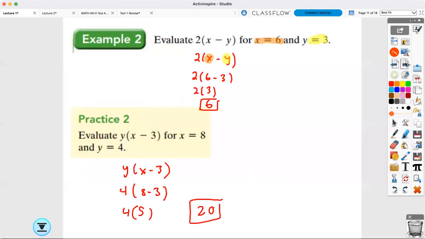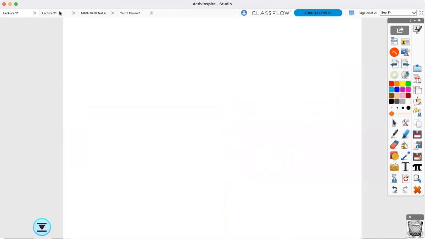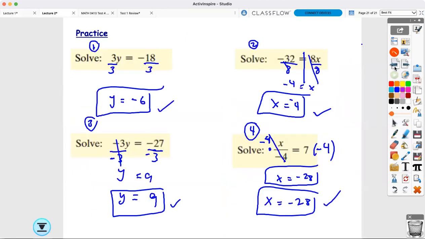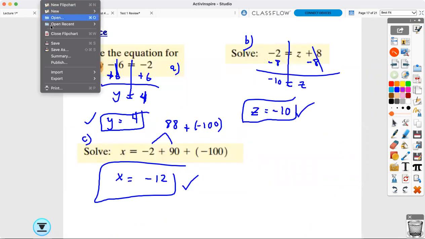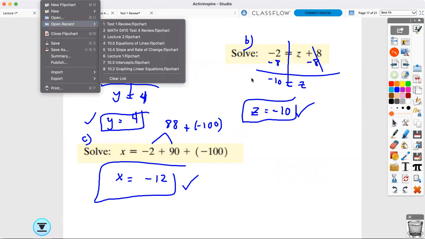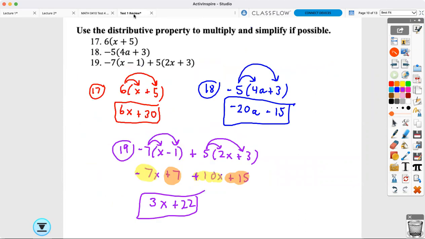Okay, I see. So this is lecture 1, distribution. Lecture 2 was all equations, right? Yeah, the distribution does seem a little new to me. I'll take a look again, okay? But once again, it's just simple multiplication. I'll double check and I'll make an announcement once I look at my notes, okay? Okay, thank you.